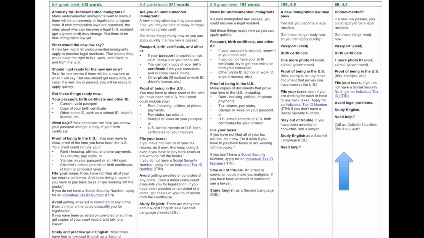Keeping those big 4 points in mind, let's look at some plain language options for this same text. Here are 5 different ways of presenting the legalization information that we were looking at earlier. All of them are in the right range in terms of grade level, and the longest one is about 350 words. The shortest is about 70.